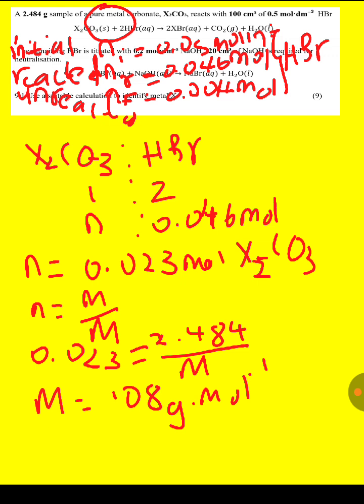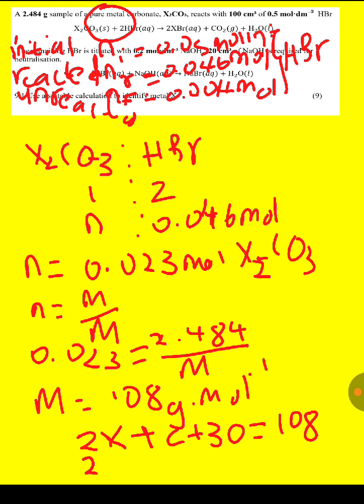But now you want to get the molar mass of X. So to get there, you say, okay, for this substance I've got 2 X, the element X, plus carbon, plus 3 oxygens, and it must give me 108.